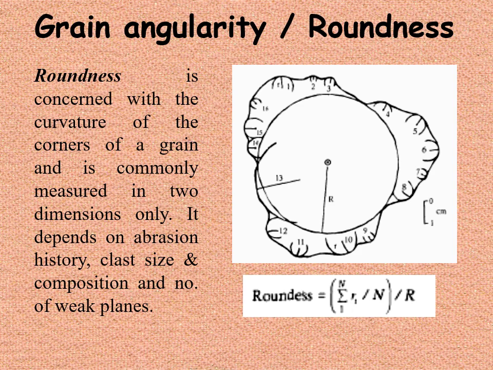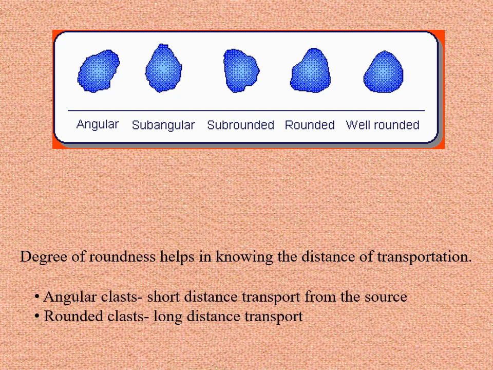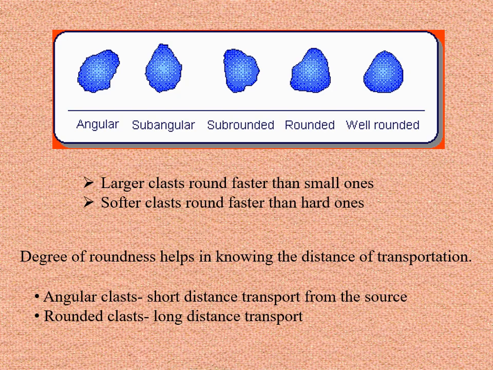This numerator value is divided by the maximum inscribed circle's radius, that is R. Now the roundness varieties, or the roundness property of a grain, can be determined depending on the calculation of the previously said formula.